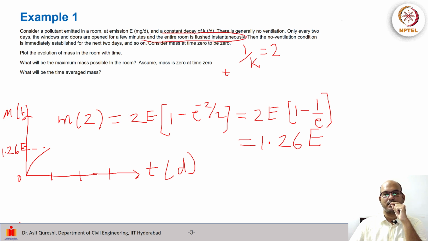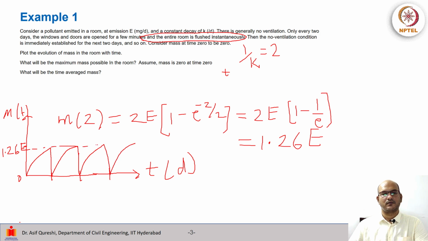The room is flushed instantaneously, so mass will again drop to 0. Then the same process will start again. So again the mass will increase to 1.26 E, and then go down, and so on. So this is the evolution of mass in the room in time.